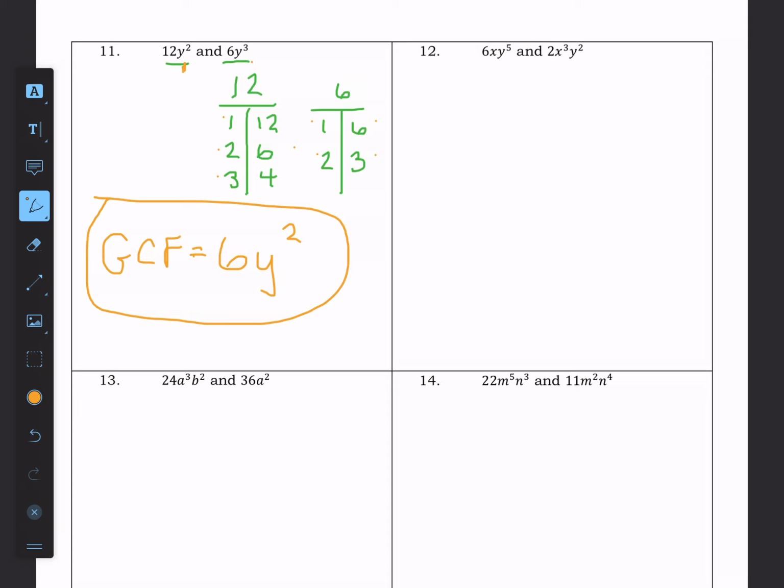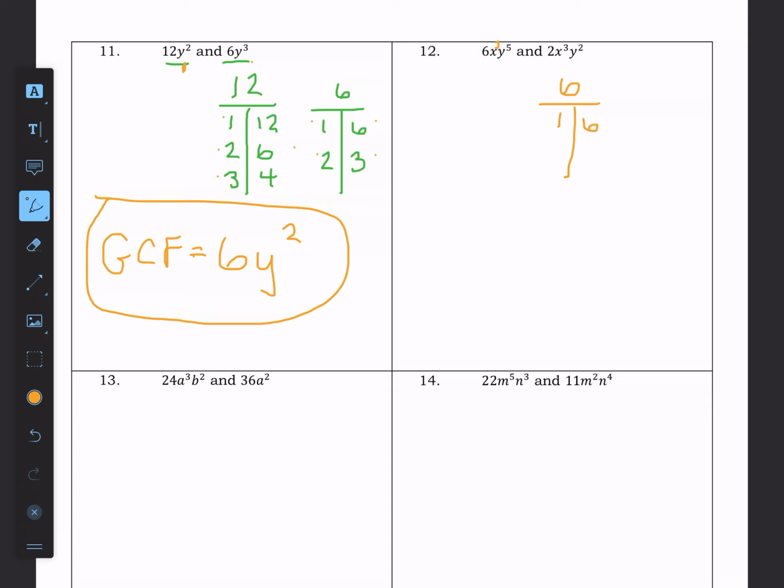All right. So on the next one, now we've got coefficients, we have numbers and 2 variables. So we've got like 3 pieces going on here. Just keep in mind that with the 6xy to the 5th, there's that invisible 1 exponent by the x. That's a 1 right there. So let's list our factors of 6.